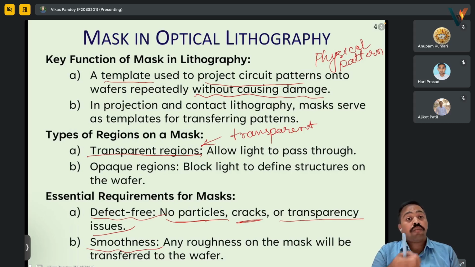This costs a lot, and it is quite surprising that even the basic material for the mask, we are not getting in India. We have to import it. That quality we are not producing in India: the low surface roughness and the uniformity throughout the mask that we have to maintain.